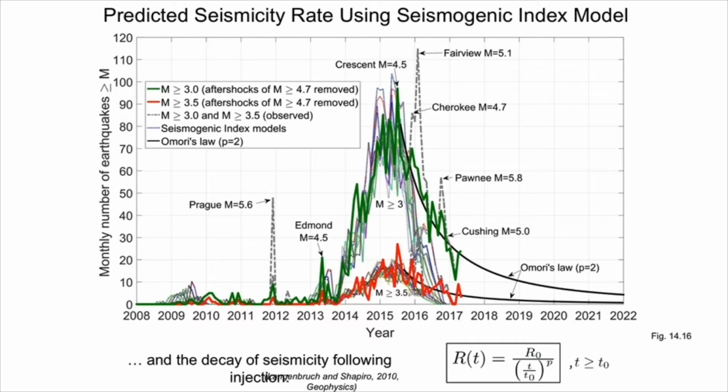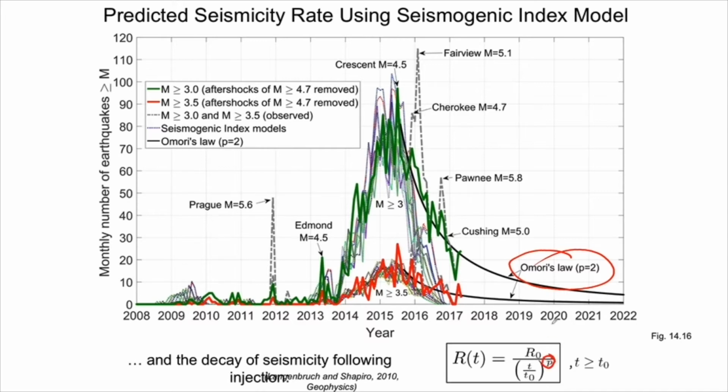Basically, what we're looking at is the fit of our model and the predictions of our model based on the initial increase in the rate of injection, and then we use that to calibrate the model, and then follow it down the decay. Because we don't have a hydrologic model, we used a variant of what's called Omori's law. Omori's law says aftershocks die off as one over time, and for induced seismicity, that rate is one over time to some power p.